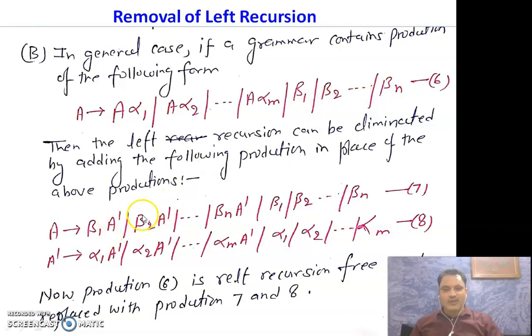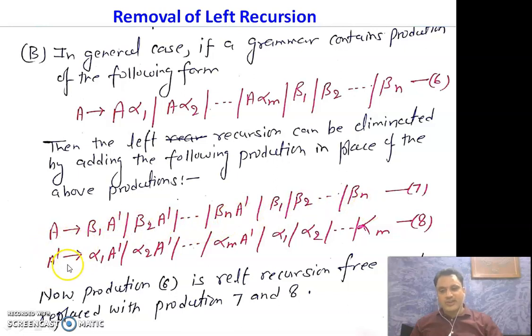Now we will introduce a non-terminal A dash, and again the same analogy will be adopted. We will rewrite production 6 in the form of 7 and 8. You see that A derives beta 1 A dash, beta 2 A dash up to beta n A dash, because there were n betas: beta 1, beta 2 up to beta n. So we write the n cases, again beta 1, beta 2, up to beta n.